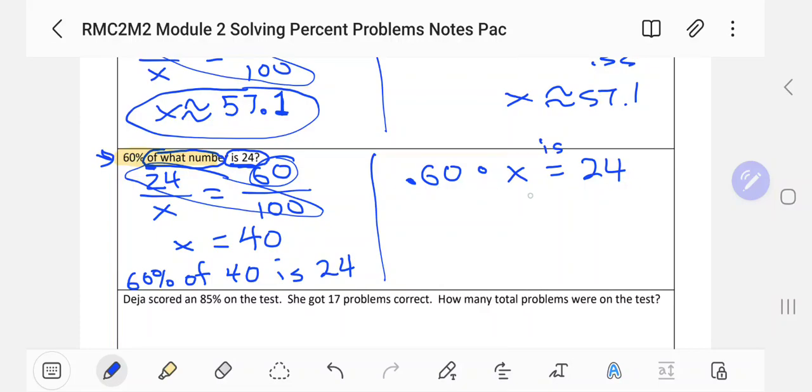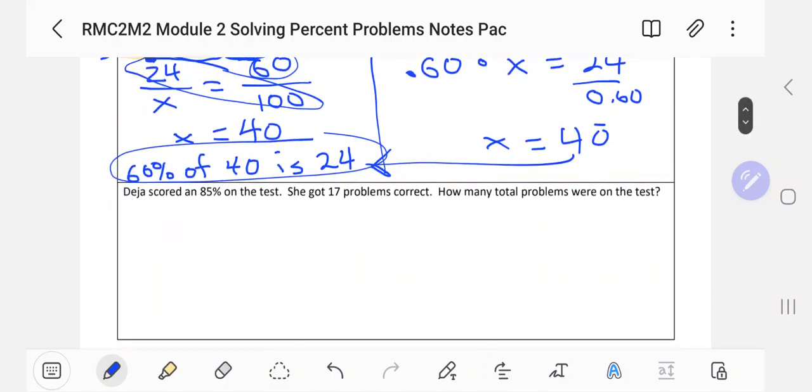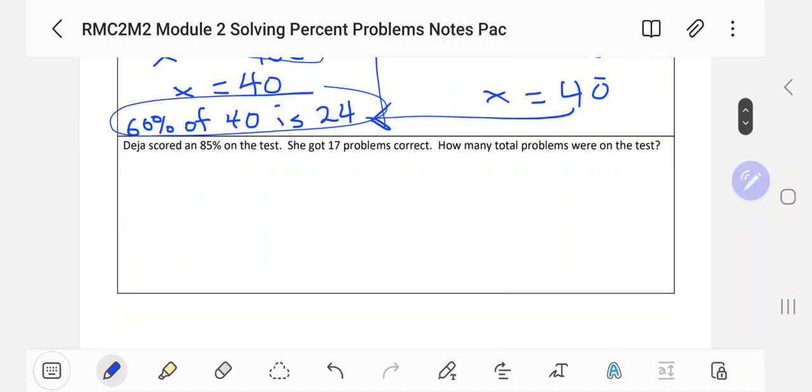It's multiplication, but we don't know that multiplication part, so we reverse it, or do a fact family: 24 divided by 0.60, and we know from our previous problem that comes to 40. So here we have our answer. This confirms that answer. And we're on to our last part of this problem. Oh, good. This was a lot shorter than our last lesson.